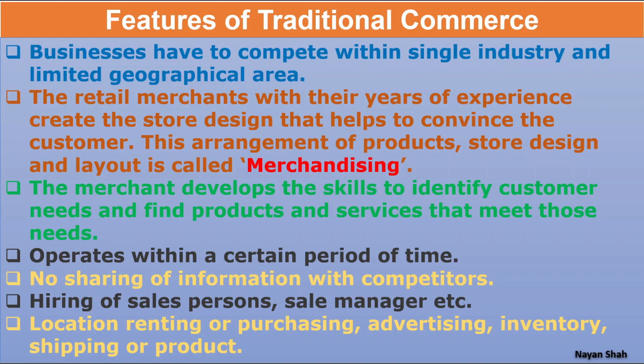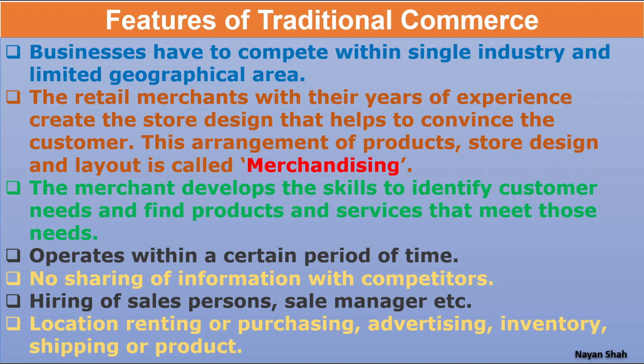Now the first, location renting or purchasing. See, if you want to start a traditional business, the biggest investment is in purchasing a shop or renting a shop, because when you want to run your business properly, that shop must be at a prime location, and prices of a shop at a prime location would be very high.